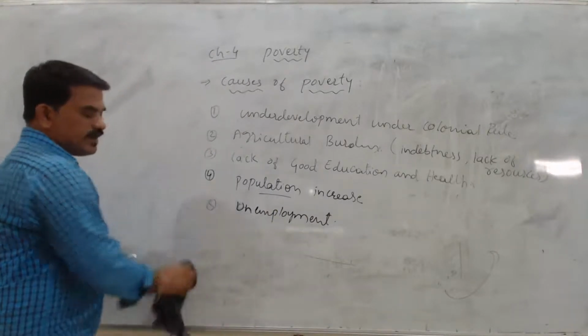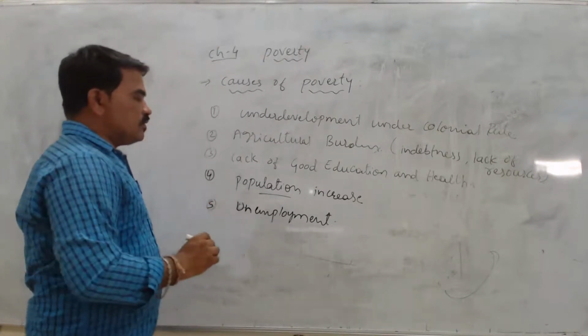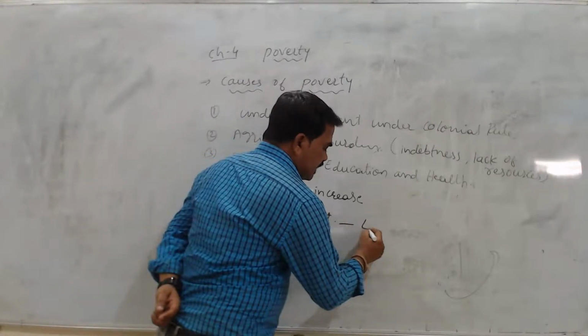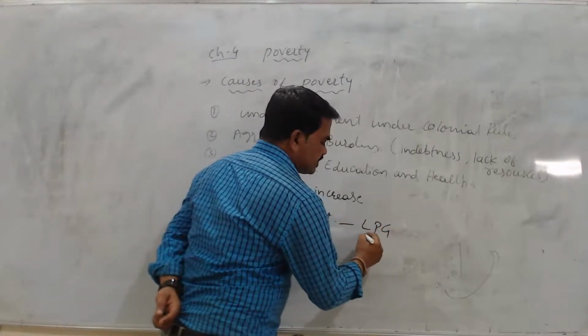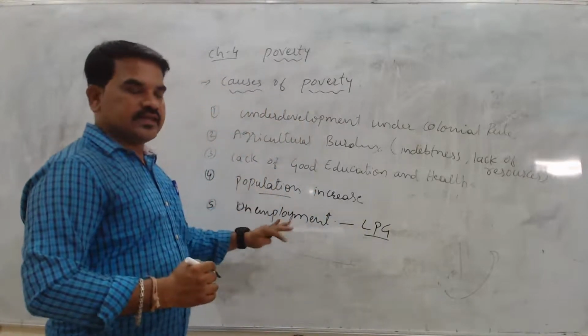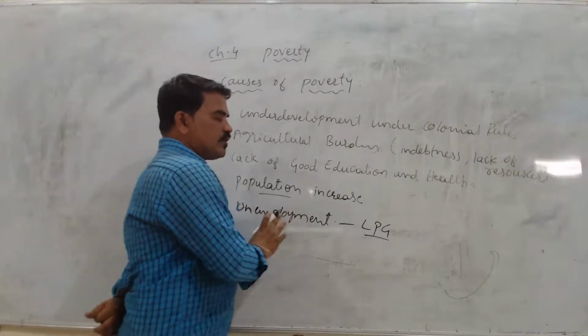So unemployment is also one of the reasons. If you ask how, we see under LPG, liberalization, privatization, globalization, the big firms started investing. Okay, so they should create more employment, right?